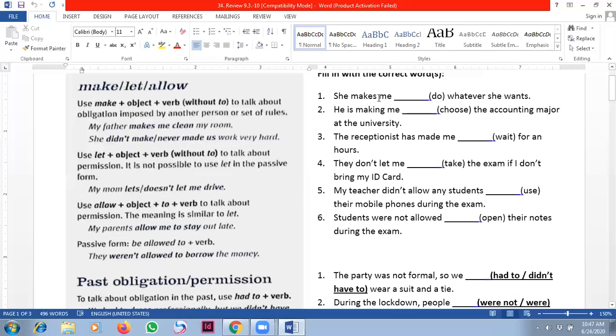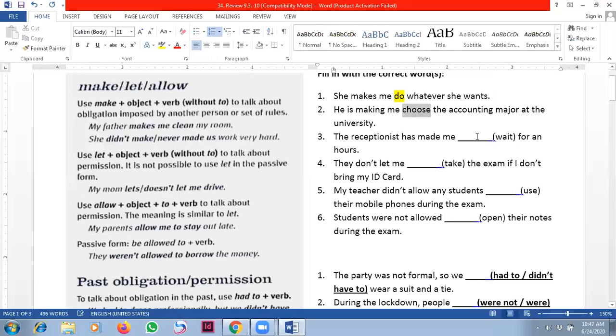She makes me, make is followed by object pronoun, and then, yes, she makes me do. As long as you see make, then the verb is verb 1.